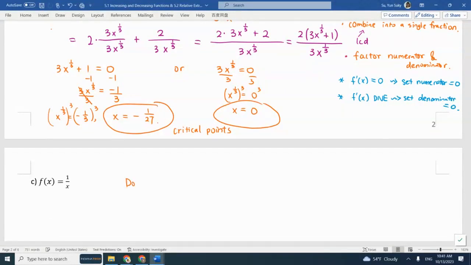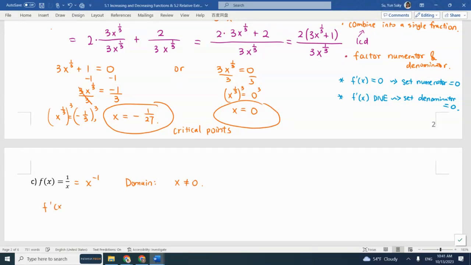1/x, what is the domain? Dangjae, what's the domain for 1/x? Yeah, x cannot be equal to 0. Yes. And then we know next that we're going to differentiate. What is the standard form of 1/x? x to the what power? -1.